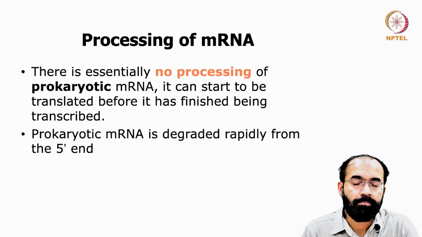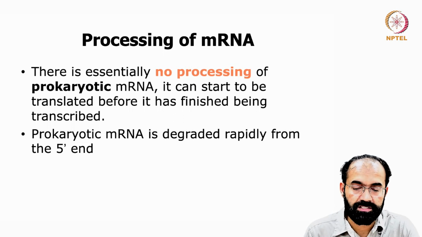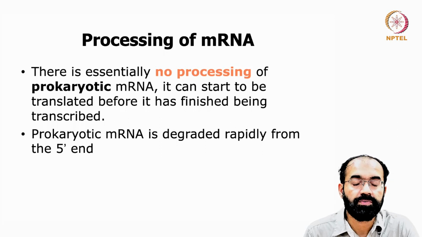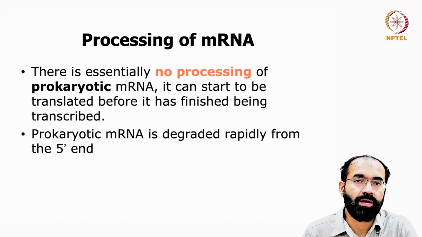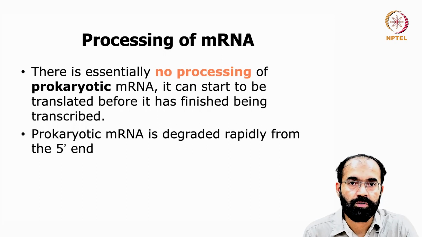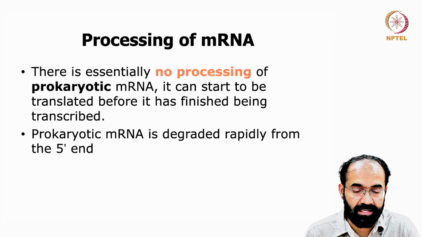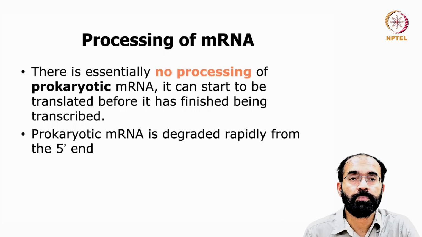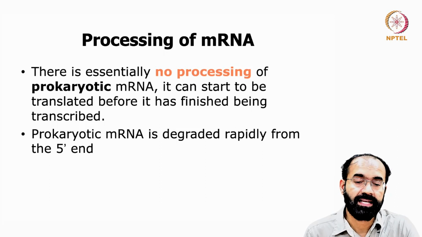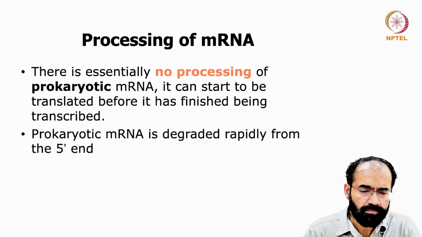So in bacteria essentially no processing occurs. There is no processing of mRNA necessary. Of course, it needs to have some modifications that occur in the 3' tail, etc. We will see them one by one, but there is no extensive processing as occurs in the case of eukaryotes.